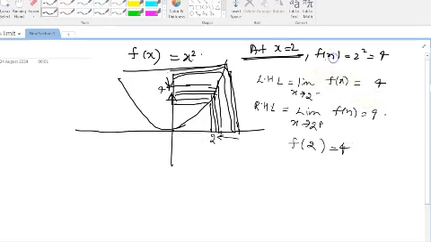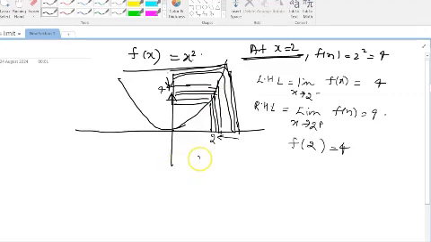If you put x equal to 2, it is also 4. So what does it mean? It means when you were moving towards 2 from the left, the function was moving to 4. From right also, it was moving to 4. And at x is equal to 2, the function was 4.